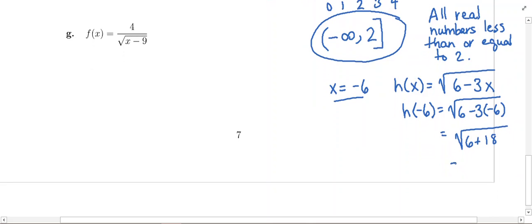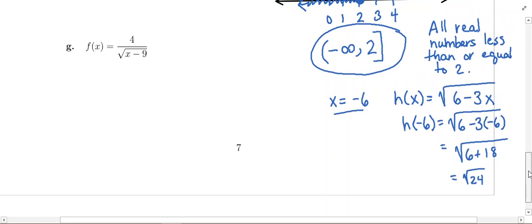So this is the square root of 24. We don't know that off the top of our head; it's some decimal. But the key is we plugged in x equals -6 and got a positive number under the square root once we simplified. So you do get a valid output, and -6 is in the domain.